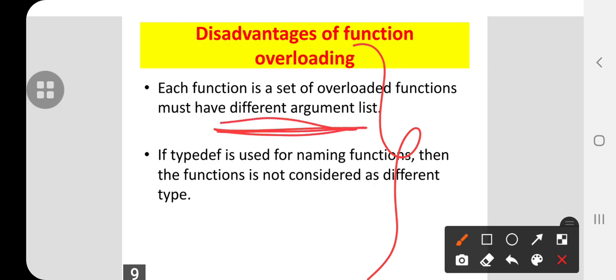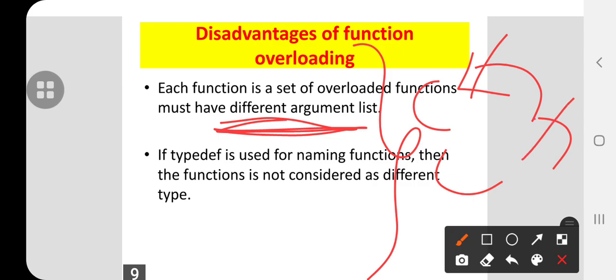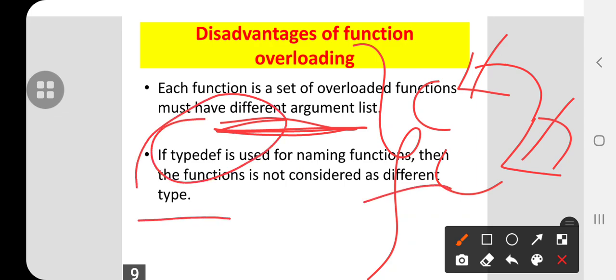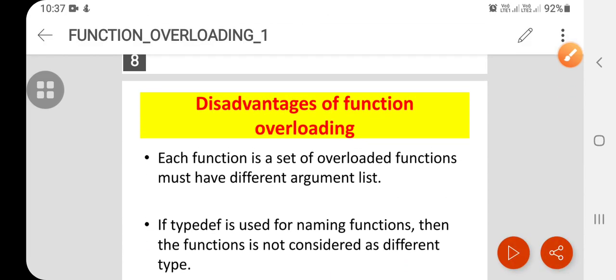So you should have a different argument list, that is, whatever arguments you are passing in these braces should be different. Okay, if typedef is used for naming functions, then the functions are not considered as different types. So typedef should not be used here. What is this? We will see in further classes. Okay students, these are some of the disadvantages associated with function overloading.